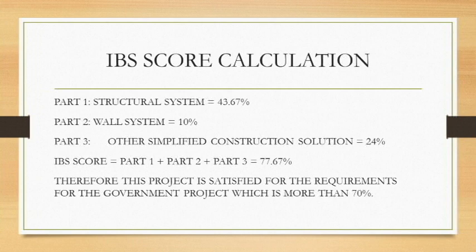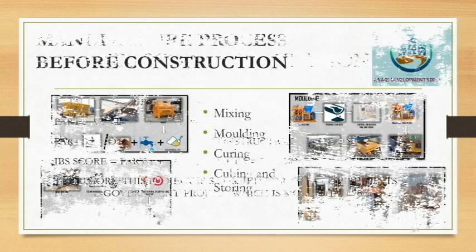The total summation of part 1, part 2 and part 3 for the IBS score for this project is 77.67%, which complies with the IBS score for government projects, which is 70% and above.